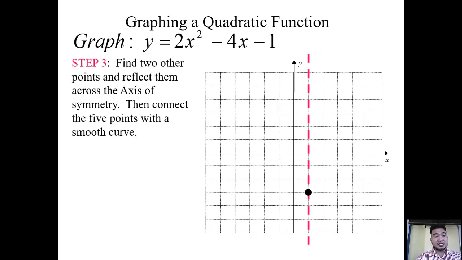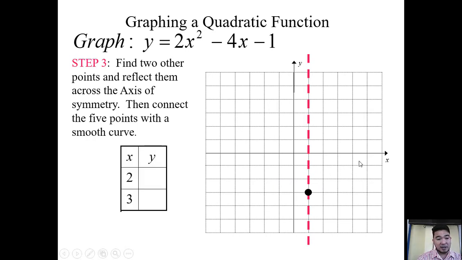And then the last step is to find 2 other points and reflect them across the axis of symmetry. Then connect the 5 points with a smooth curve. So in this case, let us choose 2 points at the right side. So how about we choose 2 and 3? So here is 1, so we choose 2 and 3 as the value of our x's.